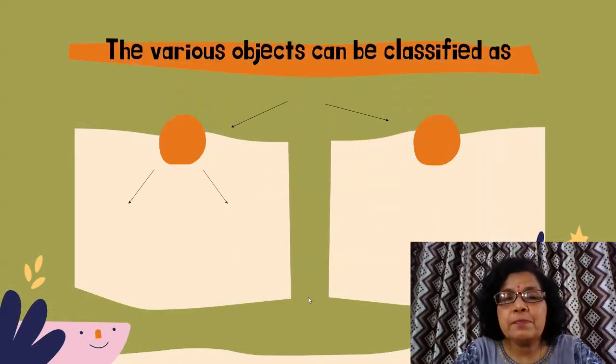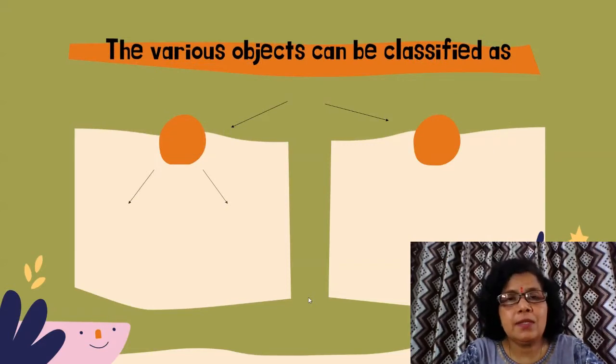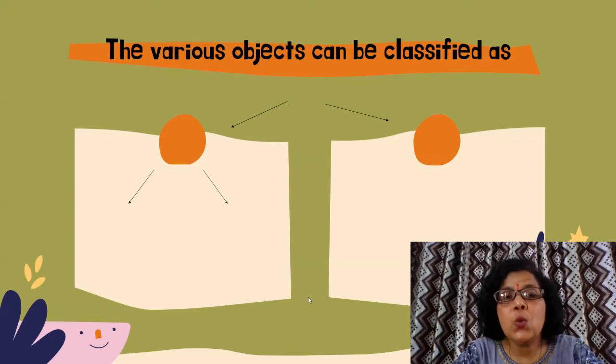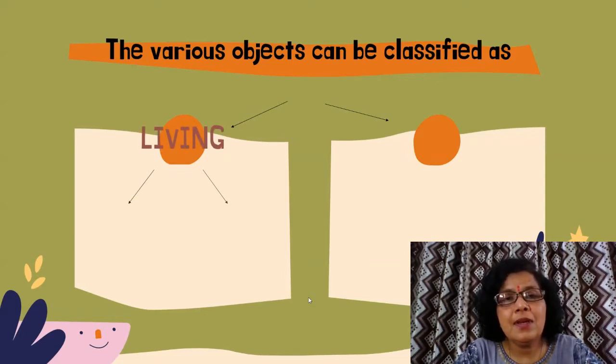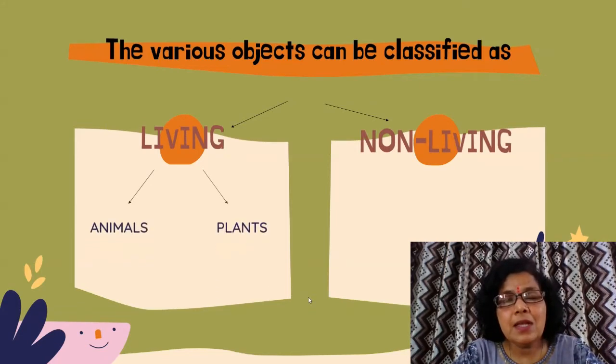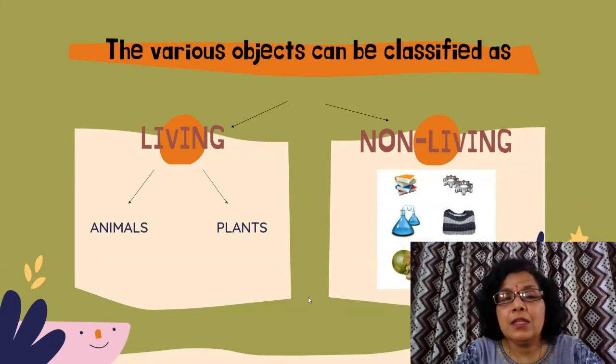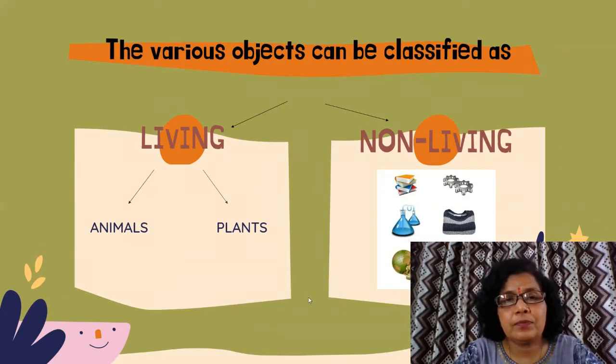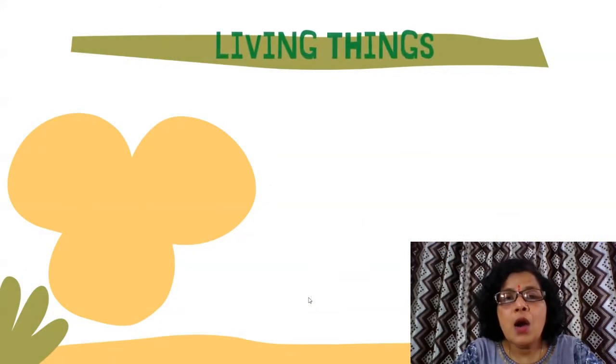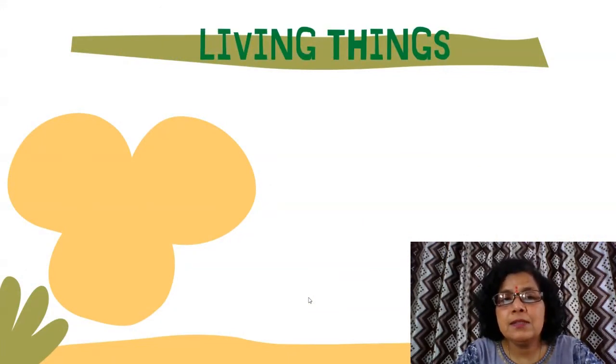In a very wide spectrum, we can divide objects into two categories. And these two categories are living and non-living. Yes. Further, living things can be classified as animals and plants. And non-living things, their classification we are going to learn in this chapter. Now, very briefly, let's see how can we divide living things.